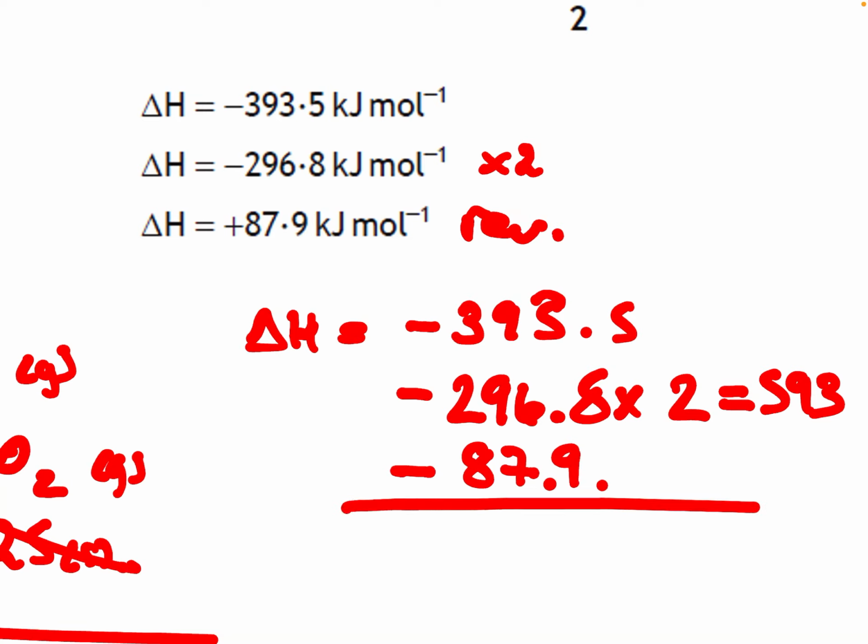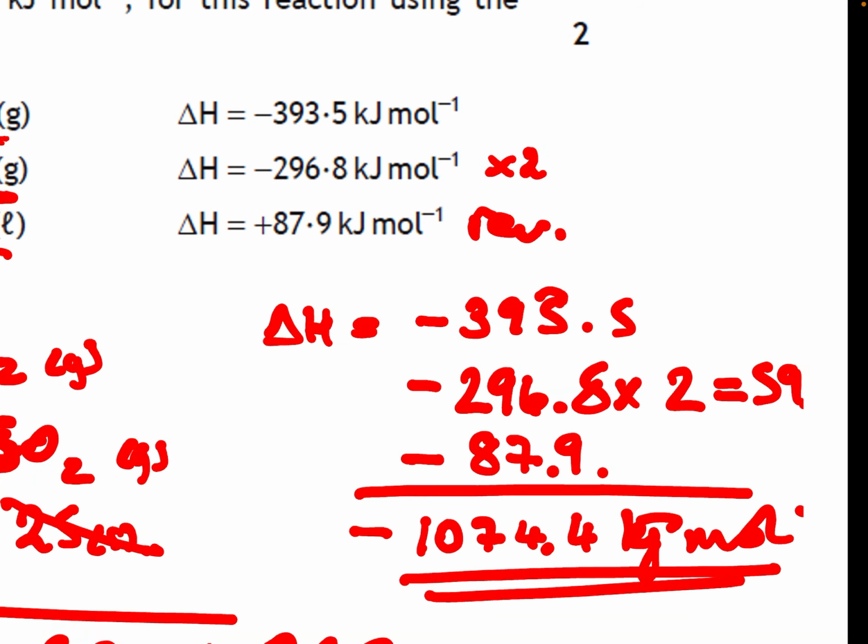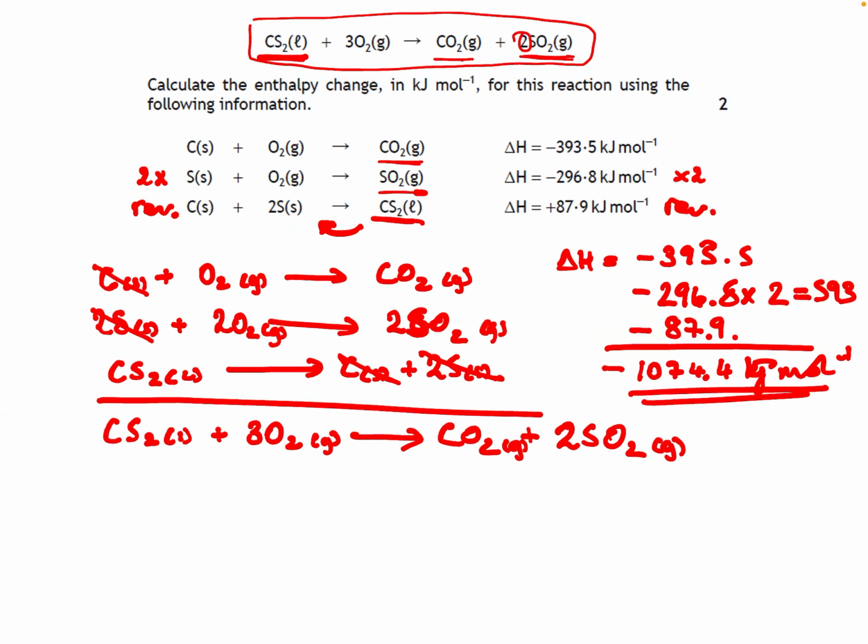So in total, our energy change is minus 1074.4 kilojoules per mole, because we were using these enthalpies of combustion. And that is how we do these kind of questions.